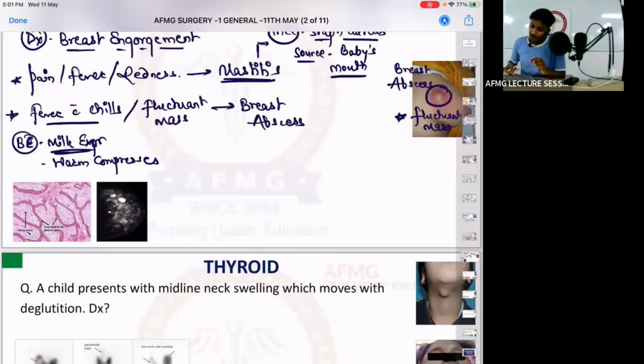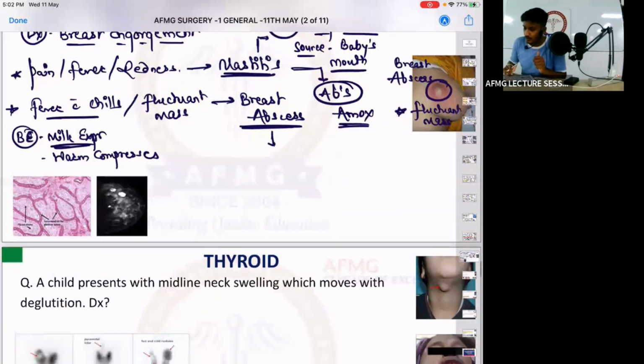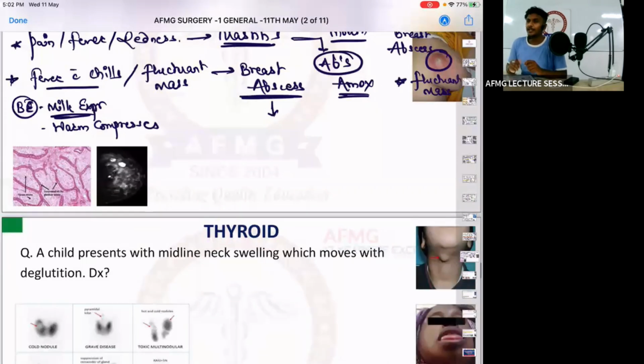ठीक है? If they ask you for mastitis, definitely it is infection. Therefore, the drug of choice would be IV or oral, depending on the extent. It is antibiotics. Which is the safest antibiotic? Lactating female, it is amoxicillin. Safest one is amoxicillin. And if the patient presents you with breast abscess, then the treatment would be direct incision or drainage करोगे.